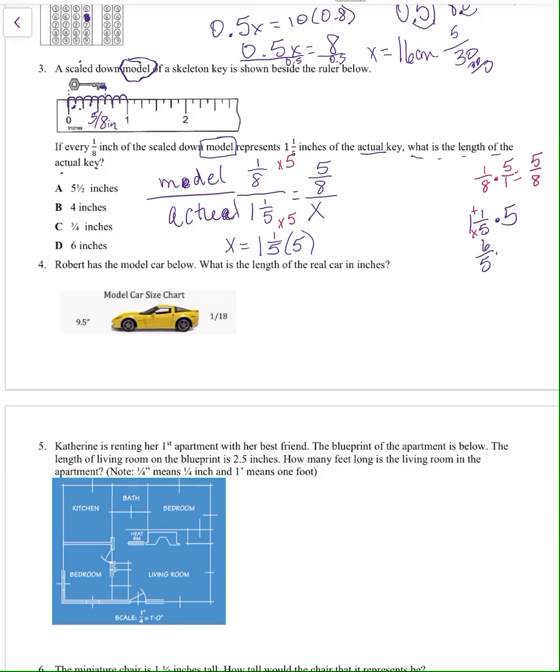So 6/5 times, we're going to put 5/1. Can we simplify? It's my favorite kind of simplifying right here. 5 divided by 5 is 1, and 5 divided by 5 is 1. That makes it so easy. So 6 times 1 is 6. 1 times 1 is 1. So the actual key will be 6 inches long.